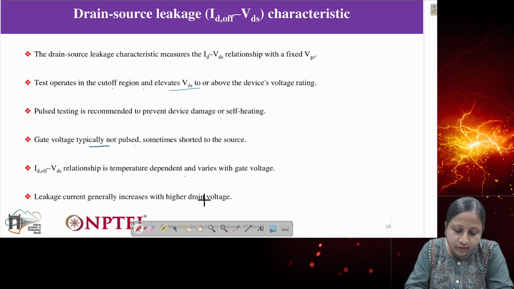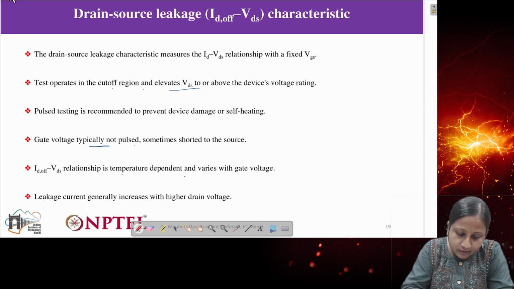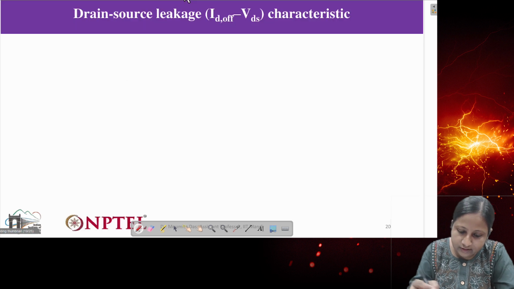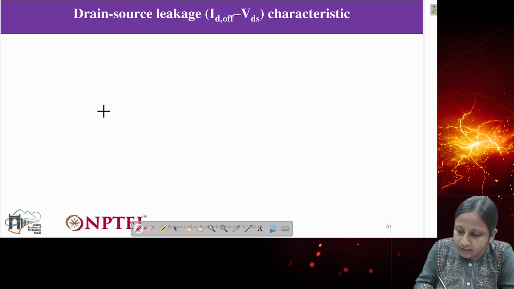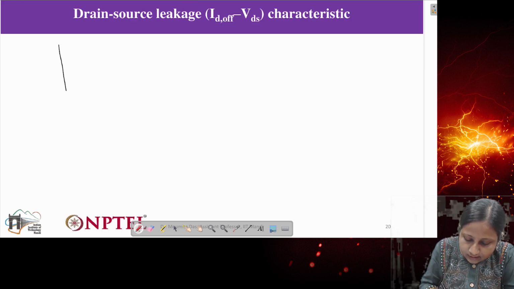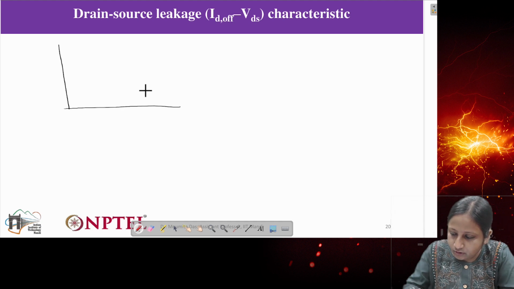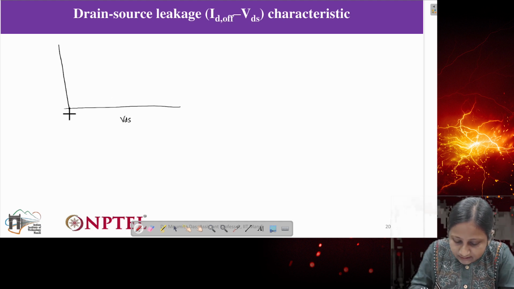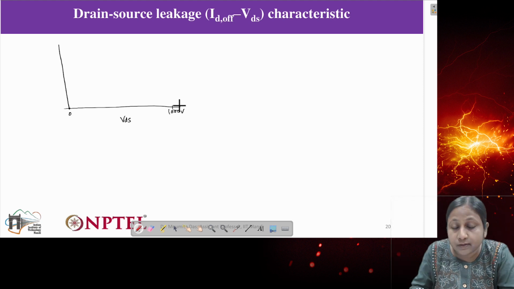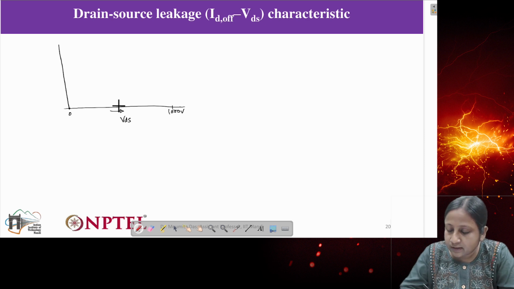Okay, so basically if I have to show you the characteristics, let me draw in the next slide. So here in these drain characteristics, as I told you, VDS will be varying, and that depends upon the device rating. Let's say 0 to 1000 volts for the silicon carbide device, the same device we are using here. So this is increasing here, and then we have to consider one VGS.